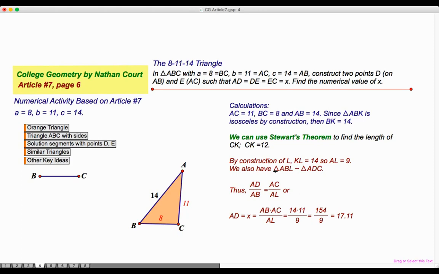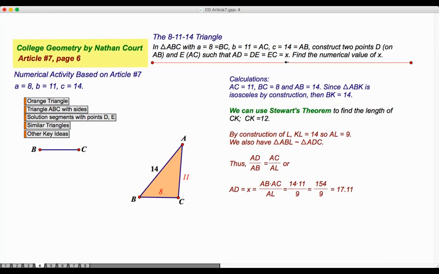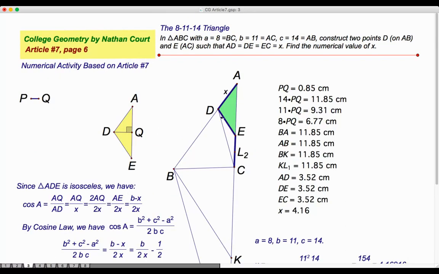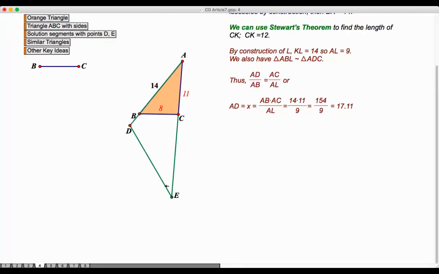Solving it differently this time, we still have a equal to 8, b equal to 11, and c equal to 14. So, a while ago, we solved points D and E inside the triangle. This time, maybe we can find points D and E where D is outside the triangle and on line AB, and point E is on line AC.